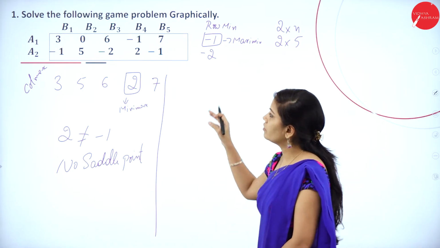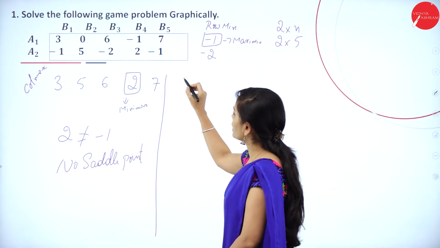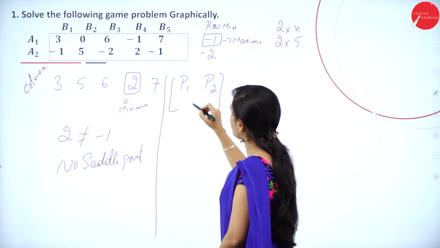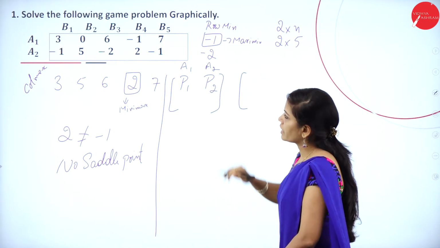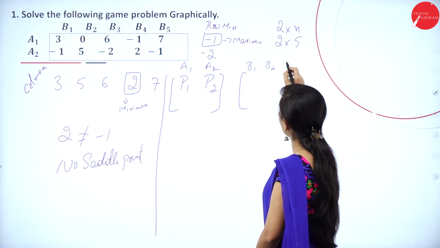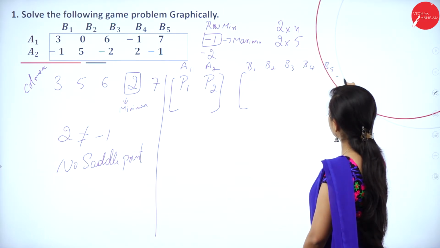Clear? So here we have 2 rows and 5 columns. The 2 rows I will mention as P1 and P2, this is A1 and A2. And the columns are B1, B2, B3, B4 and B5.